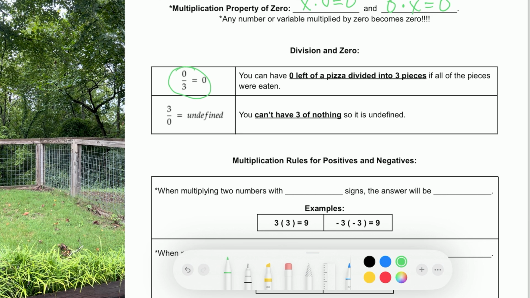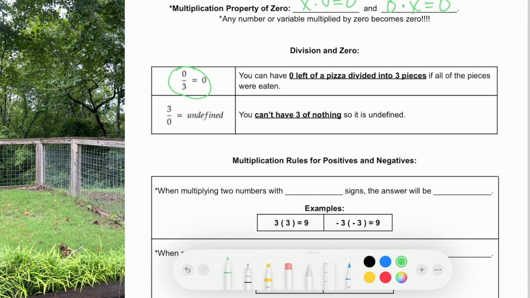So let's talk about the first one. Basically, you have a 0 in the numerator, and you have a 3 in the denominator. And then it says it equals 0. The reason it equals 0 is, let's look at what I wrote next to it to gain a better understanding. Let's say you ordered a pizza and it was cut into 3 pieces. When it came, you had 3 out of 3 pieces, so you had a whole pizza.